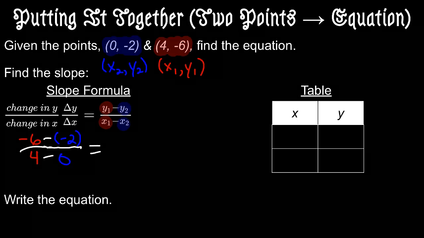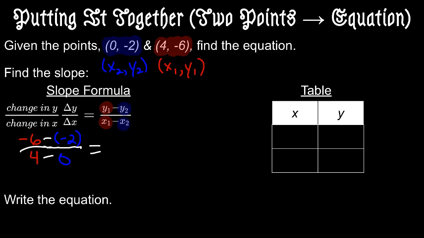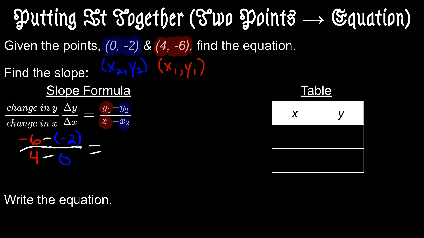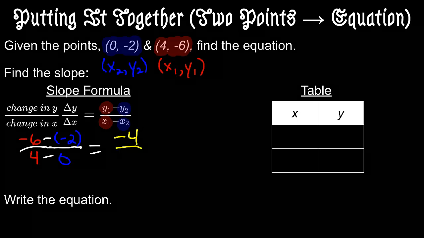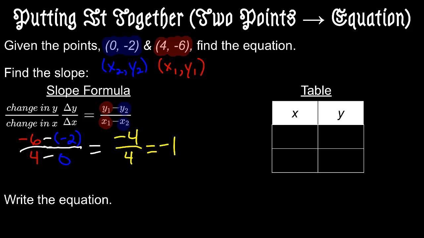So this will equal negative 6 minus 2, which is the same as negative 6 plus 2, which is negative 4, over 4 minus 0 is 4, which equals negative 1. So our slope is negative 1.